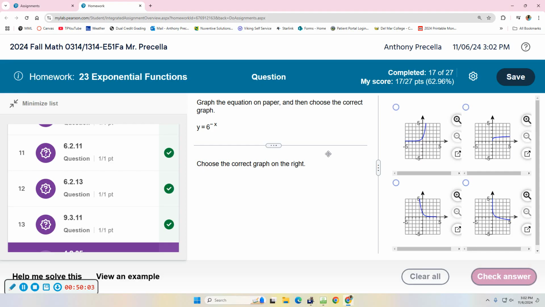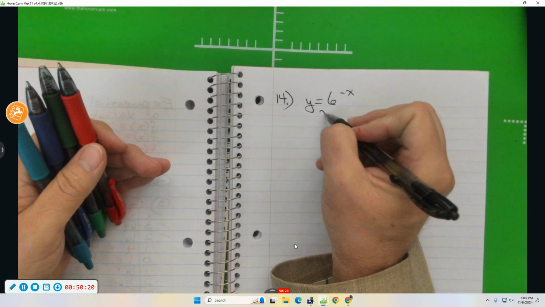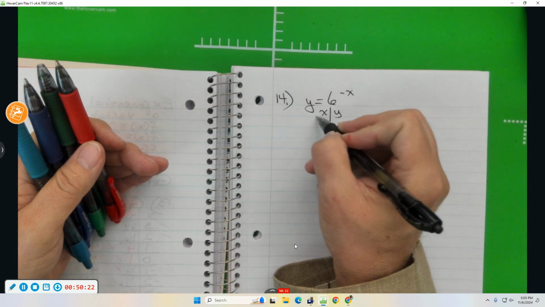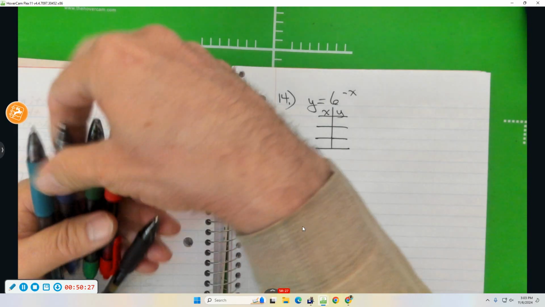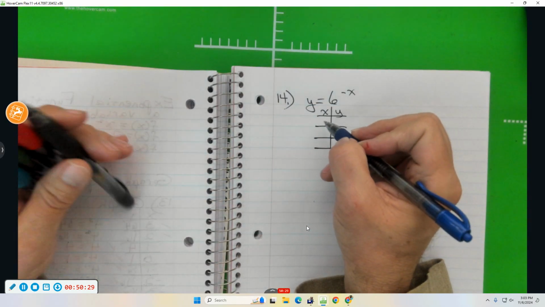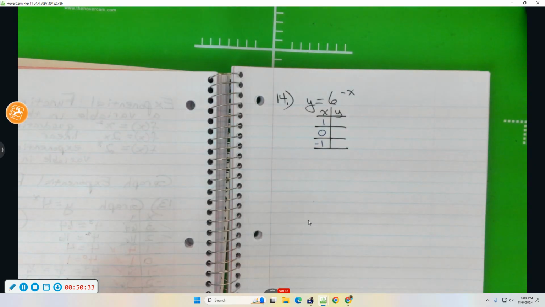Number 14: we're going to graph y equals 6 to the negative x. One side you expect to be very steep, the other side you expect to be very flat. If you remember that, to get a good idea of the path, you can plug in 1, 0, negative 1.